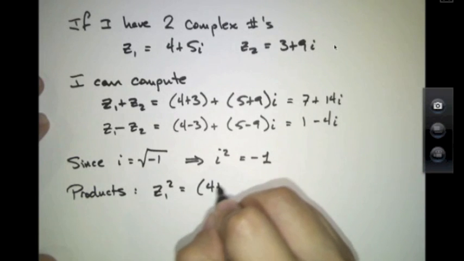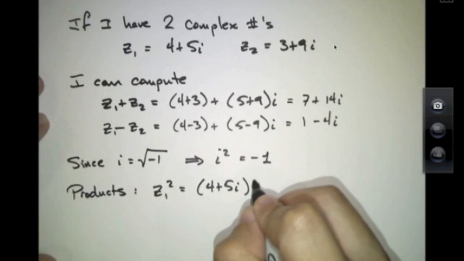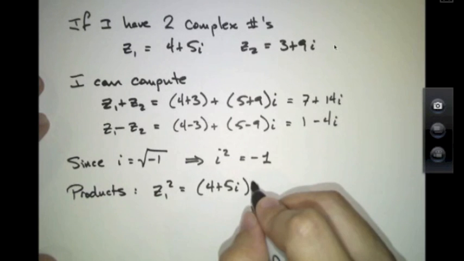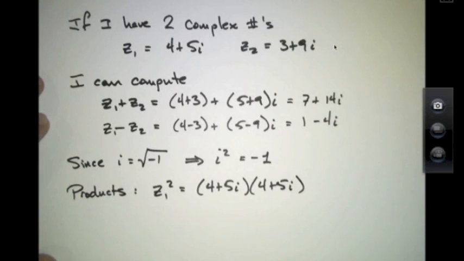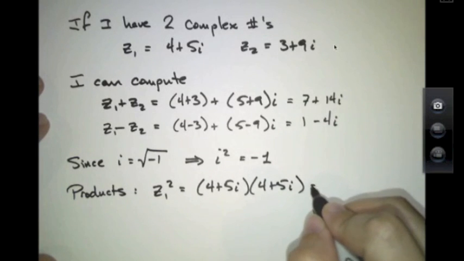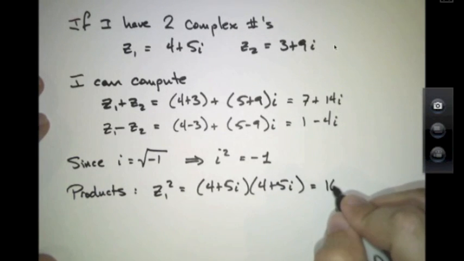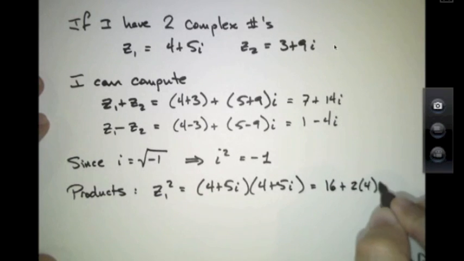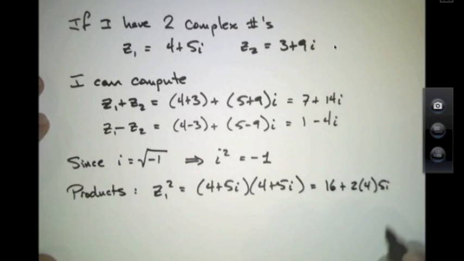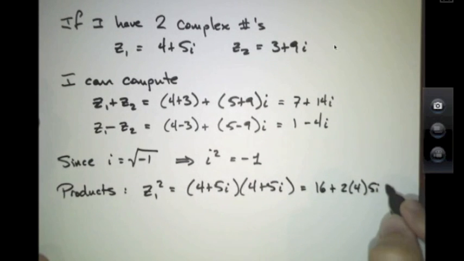That's 4 plus 5i times 4 plus 5i. And if I multiply that out, that's 16 plus 2 times 4 times 5i plus 5i squared.